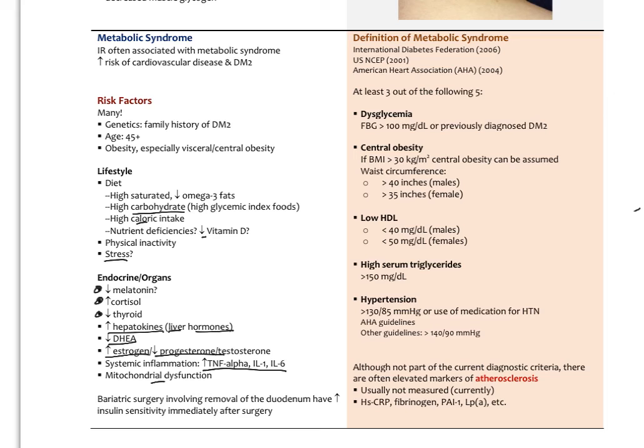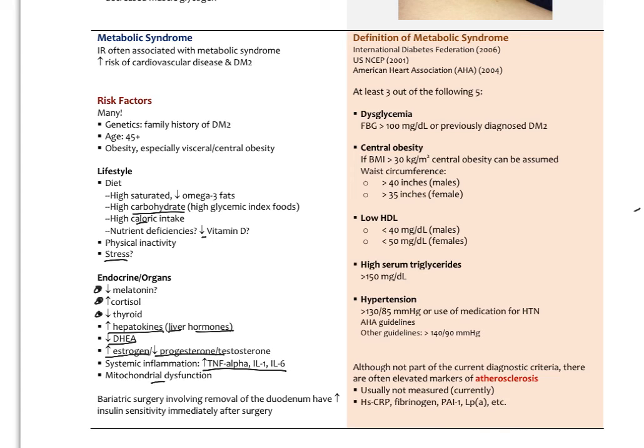potentially mitochondrial dysfunction. Now, interestingly, patients with certain types of bariatric surgery, especially the gastric bypass surgery, where the portion of the stomach is the duodenum is bypassed, and the stomach is directly attached to the jejunum. When you bypass the duodenum, interestingly, many of these patients who were insulin resistant before the surgery immediately lose that resistance and they become insulin sensitive again after the surgery.